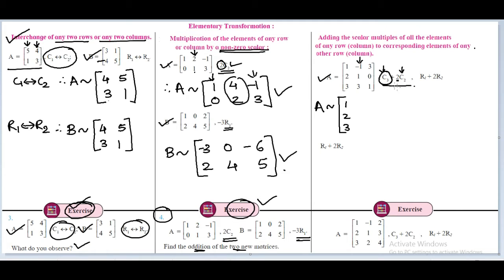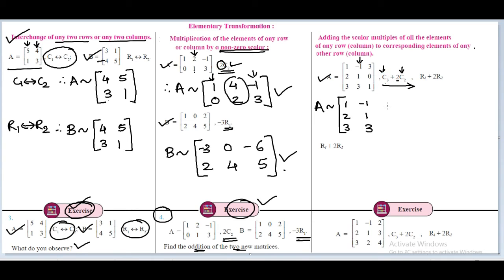So your first entry is C3. So our operation will be on column 3. So column 2 will be as it is. So it is -1, 1 and 3. Now the transformation is on the third column. So the third column will change. What is that transformation?